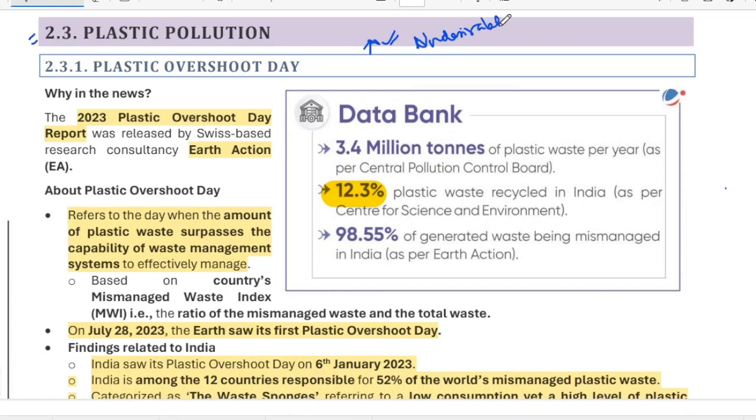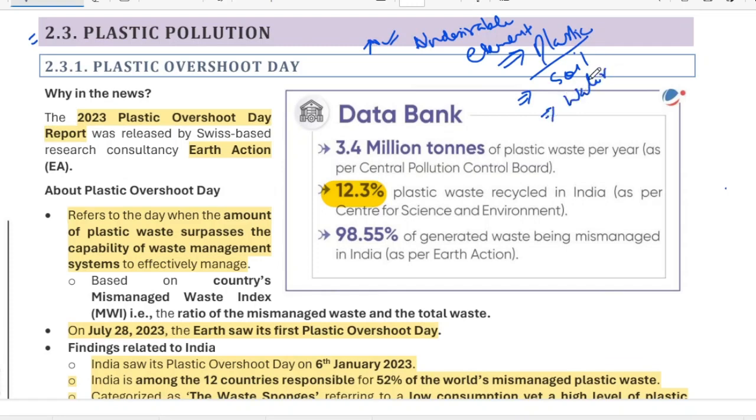Now here the undesirable element is plastic. So plastic when added to the soil becomes plastic pollution. It can pollute soil also. It can pollute the water also.